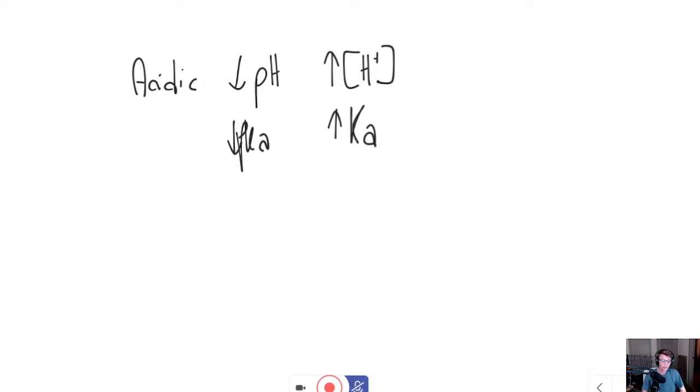And so then when we think about translating this over to the basic side of the scale, if we replace this acidic piece with basic, then all we have to do to have the exact same thing hold true is change all of these values that stand in for acid things and replace them with the base component.